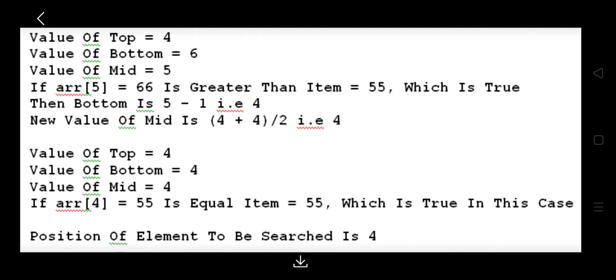So in this case, the array element stored at position 4 is the same as the item, and the if condition becomes true, which says that array mid equals item. Based on that if condition, the position where the 55 value is stored is found, and it is shown to the user that the item 55 is stored in the array at position 4.